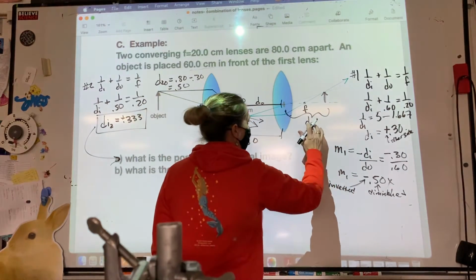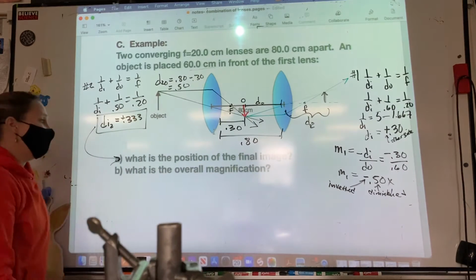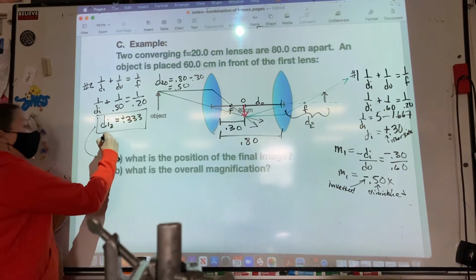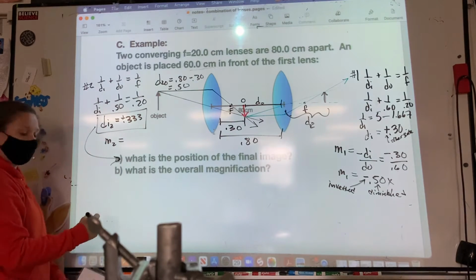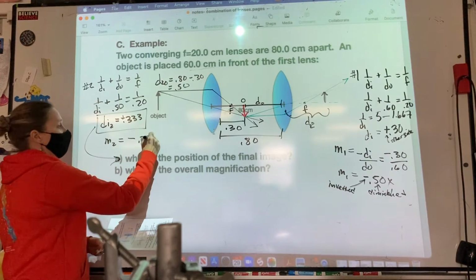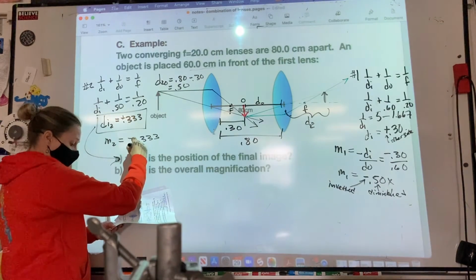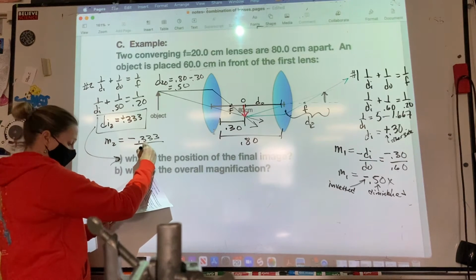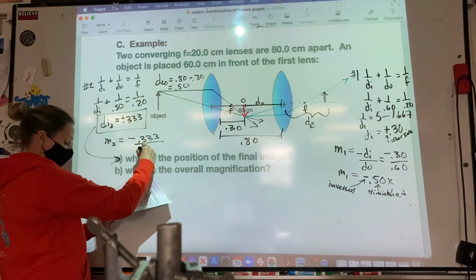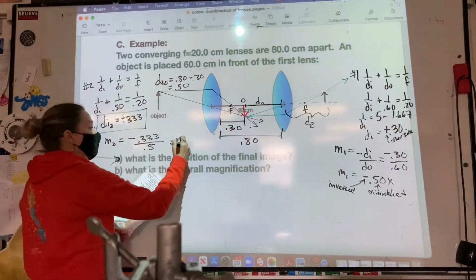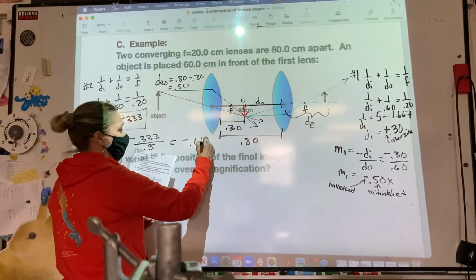Okay, what is the overall magnification? I still need to do the magnification of the second one. So negative 0.333 over 0.5. You're not going to like this. It's going to be negative 0.667.